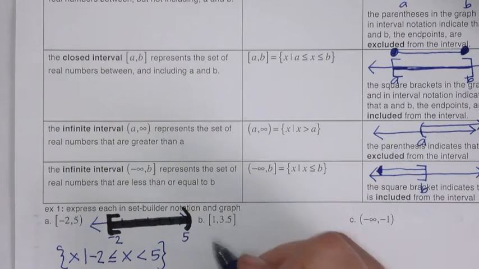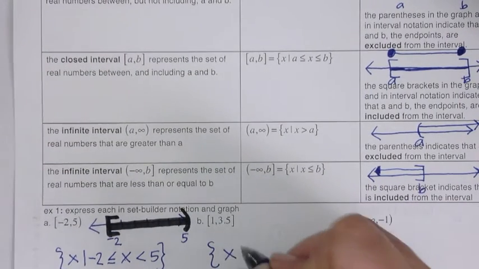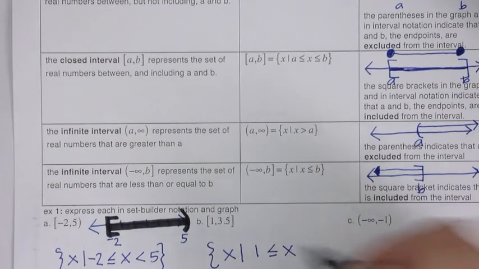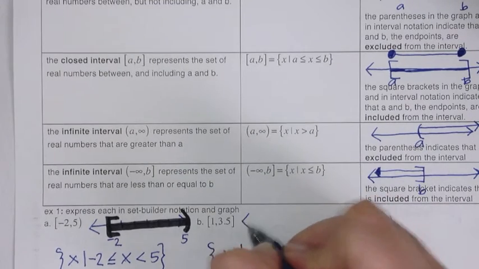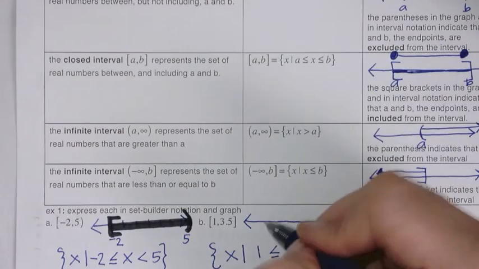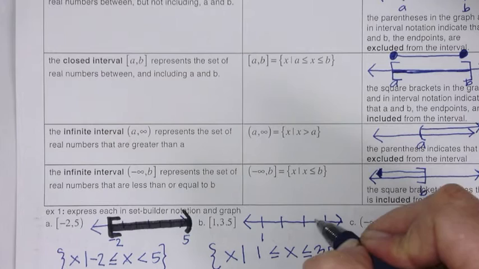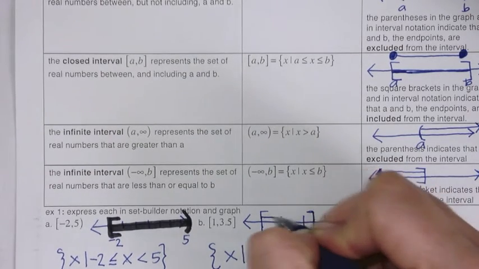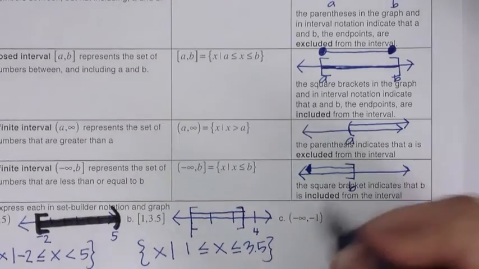So this one right here, if I didn't want to graph, it's in between 1 and 3.5. So I'd say x such that x is greater than or equal to 1 and less than or equal to 3.5. So when I graph that one, we go 1, 2, 3, 4, 1 and 4. Here is where 3.5 would be, and I would just make sure to have these be brackets because it's inclusive. Then we get to one that kind of looks tricky but isn't really.